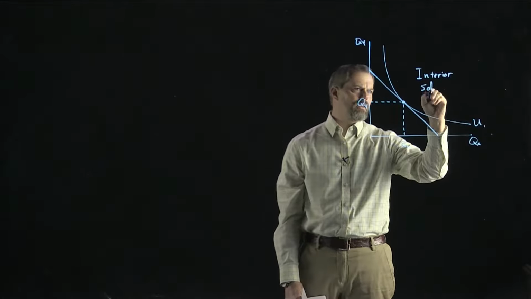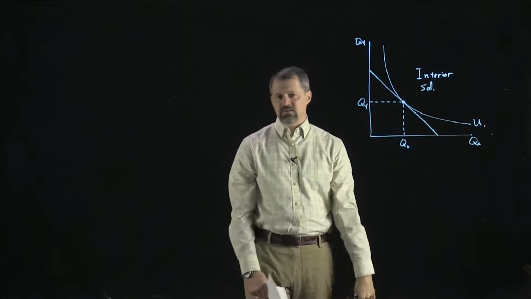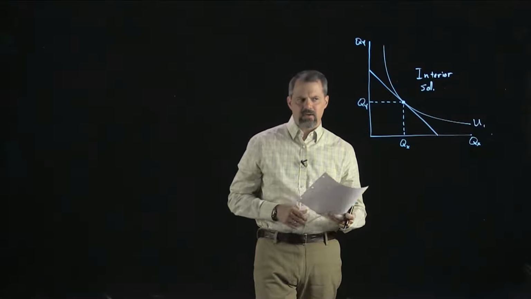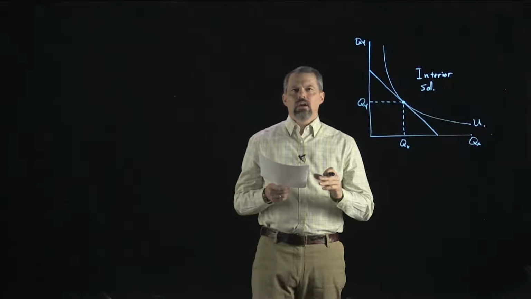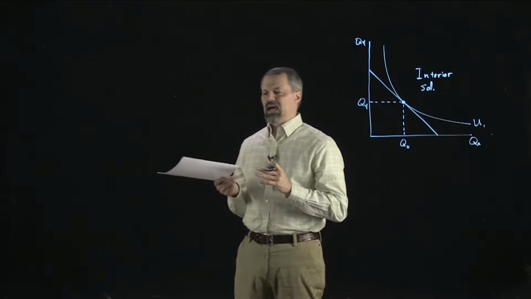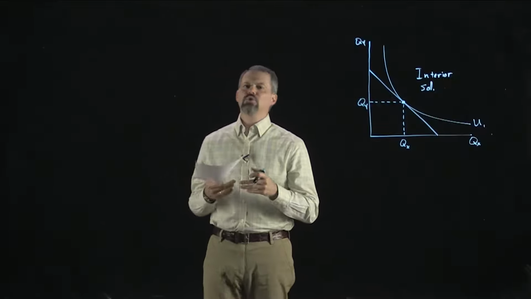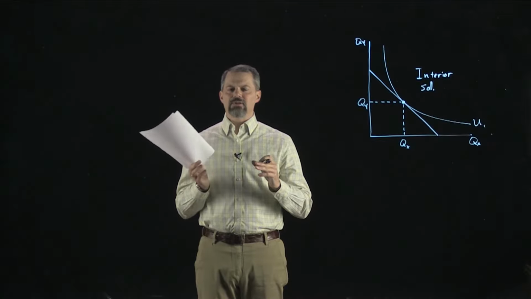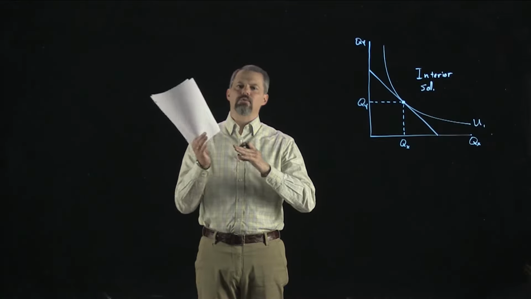So once you understand what an interior solution is, then it's much easier to think about what a corner solution looks like. So let's think about a corner solution. A corner solution will only happen when you have unusually shaped indifference curves. So either those indifference curves have to be extremely steep or extremely flat, or they have to be linear.